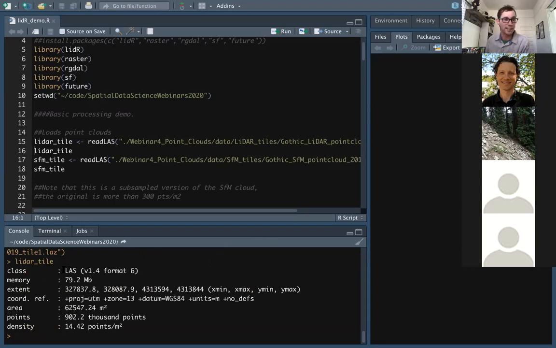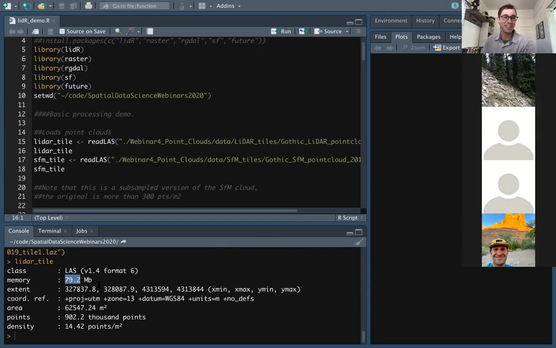So it tells us it's an LAS format, that's the standard format for point cloud data. It tells us it's taking up a little bit less than 80 megabytes of memory. This is not a very large file. I wanted to get something small so that it was easy to manipulate for people that didn't have a ton of space on their computers, or a ton of memory.